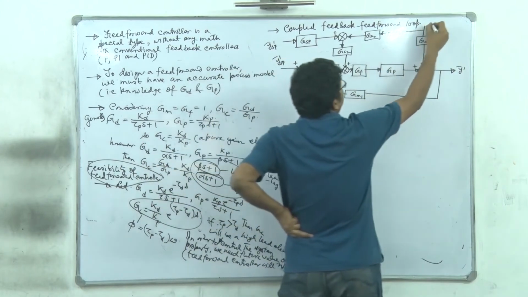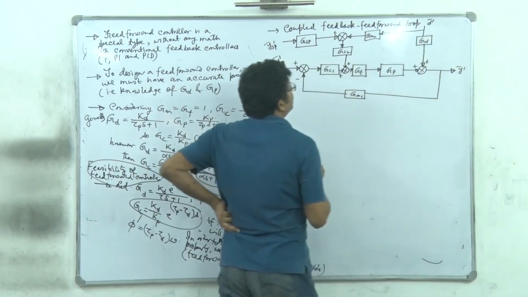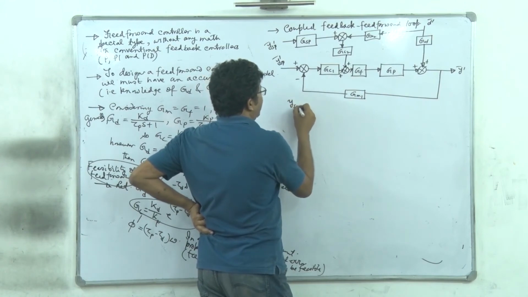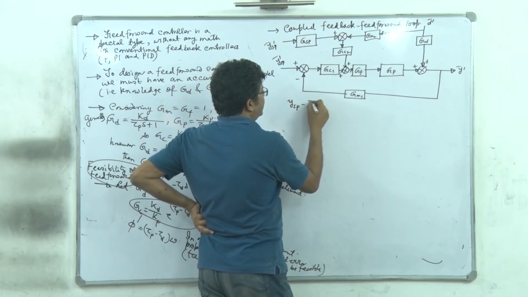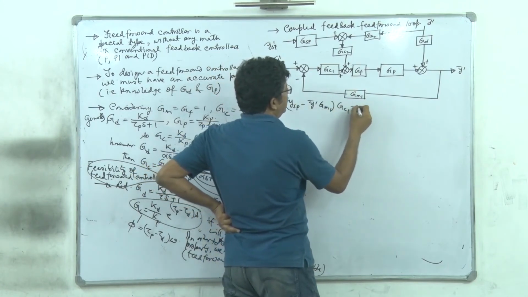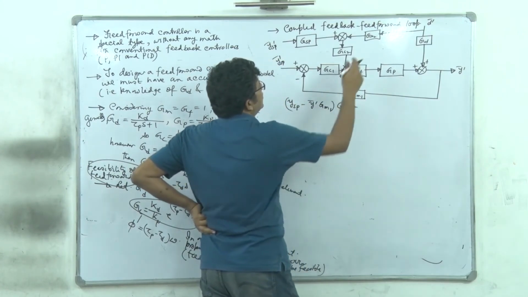Okay. So you see what will be the input output relation here. So we have the disturbance D prime bar. So you see that YSP minus Y prime into GM1 whole bracket into GC1 plus, what happens here?